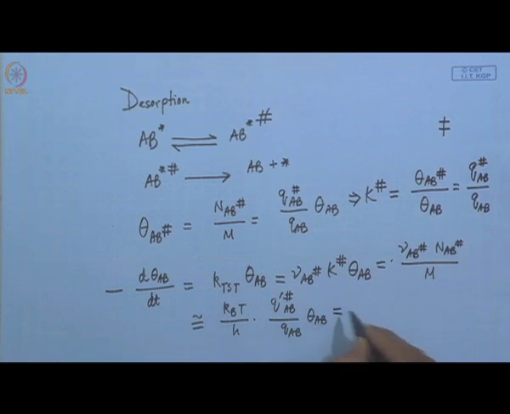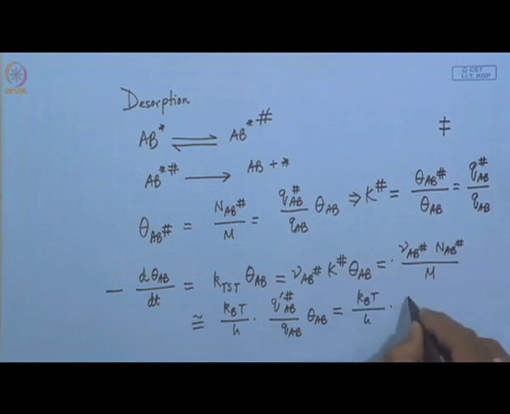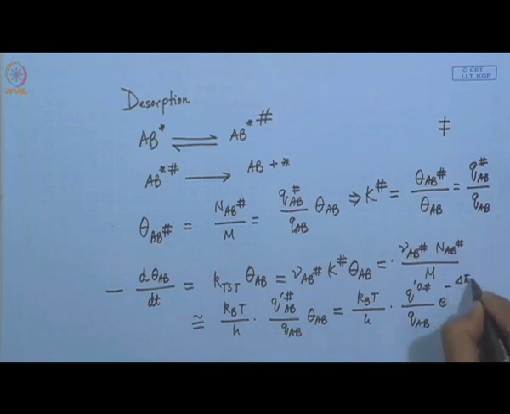Okay, which is equal to KBT divided by h into the same treatment as I did just earlier, divided by QAB, exponential of minus delta E by KBT, theta AB.